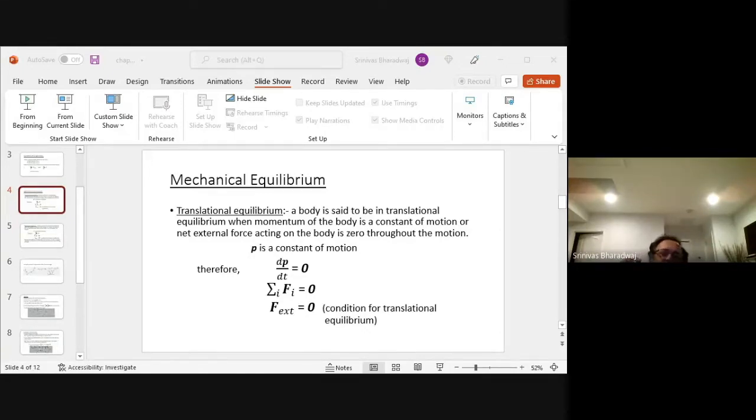Now, when you have a propeller, it is hinged, and you push it this way. You notice that it rotates but it does not move. There is still translational equilibrium. That means that the force at the center and the force at the edge cancel each other.